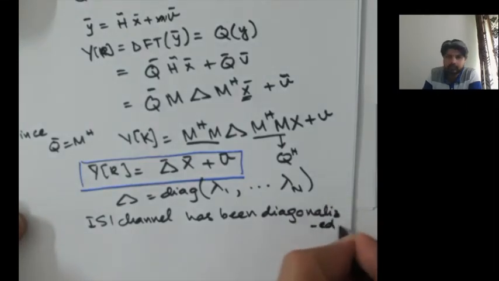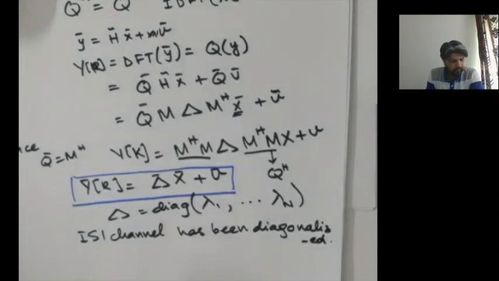And the important thing for OFDM is that in this diagonalization, you don't need the channel side information, because whatever you receive, all you need to do is the inverse Fourier transform, and these matrices, the Q matrix and M matrix, are well-known matrices, so you don't need to compute them from the channel matrix.